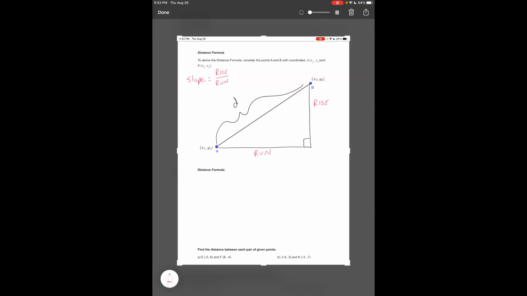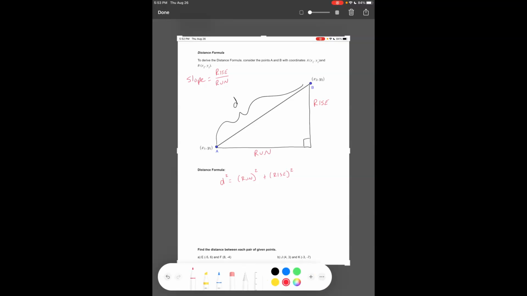So if we're going to find the distance from A to B, it's still an application of the Pythagorean theorem where the distance squared is going to equal whatever the run, whatever that horizontal component is, squared, so the run squared plus the rise squared. Okay, which is great. But how do we put it in terms of x and y?